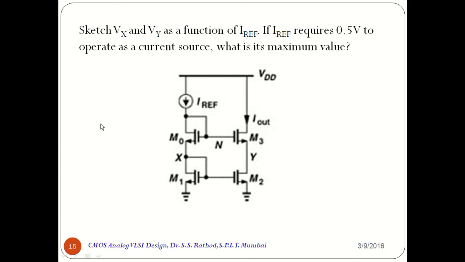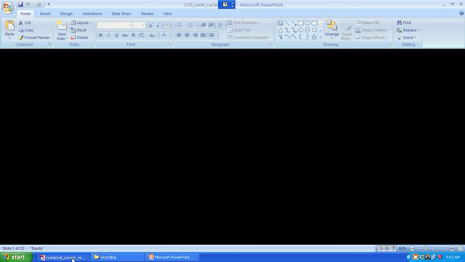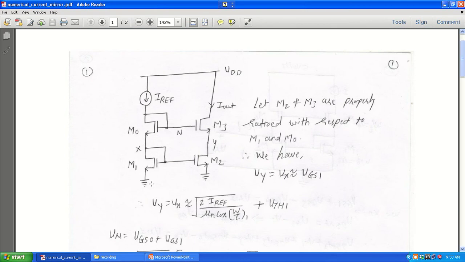Now the question is, sketch Vx and Vy as a function of the reference current I reference. If I reference requires 0.5 volts to operate as a current source, what is its maximum value? So I have redrawn the circuit over here.